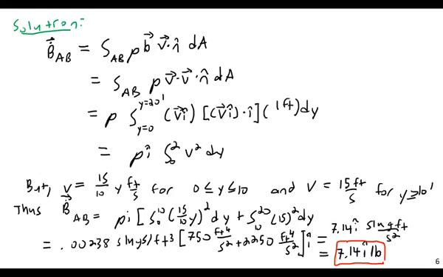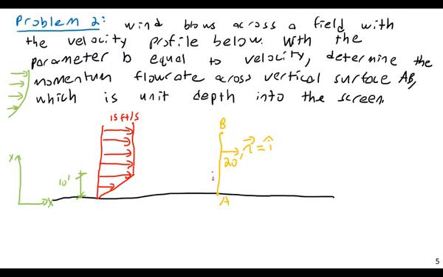I'm trying to find the momentum that flows through this surface, so I'm not interested in any other momentum. I only want the velocity entering through here. In this case it's fine because there's no vertical component to the velocity, but I would still need that dot product for completion's sake.